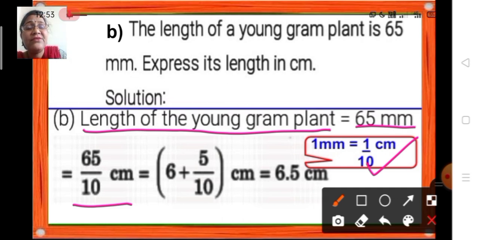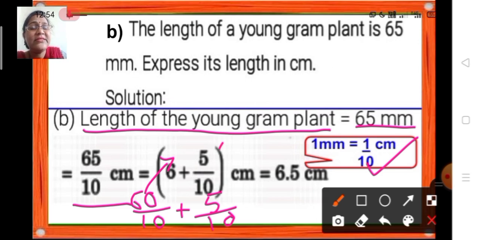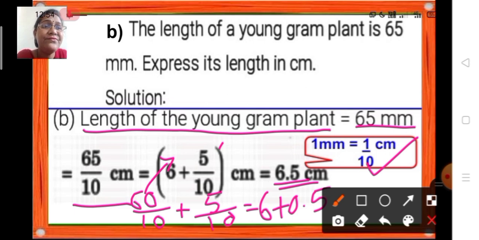Now, this 65 upon 10, we have to split as 60 upon 10 plus 5 upon 10. This 60 upon 10 becomes 6, and the 5 upon 10 remains the same. But as we know that the fraction 5 upon 10 is the same as 0.5, this we will add to 6. We will get the answer as 6.5 centimeter. Therefore, the length of the young gram plant is 6.5 centimeter.